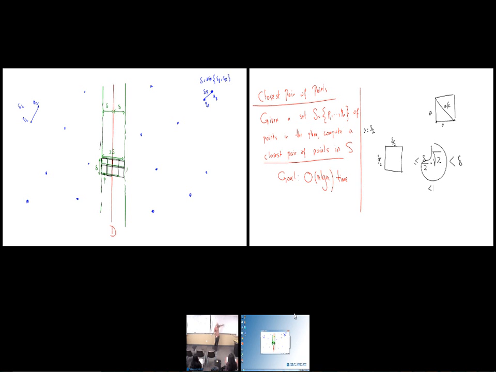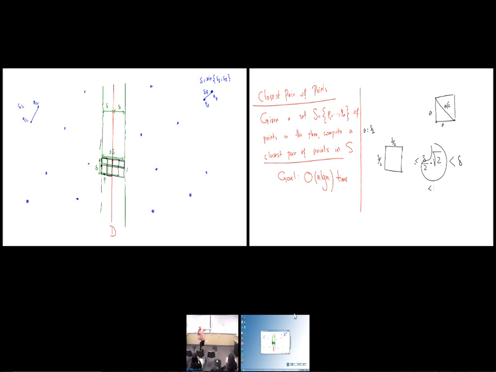Because any point outside of this rectangle is not of interest to me, and there are at most 8 points that could live inside this rectangle. So this really limits my search for a closest pair with a fixed point P to at most 7 more points, or 7 more distances.